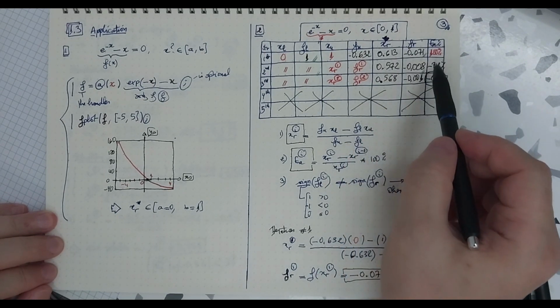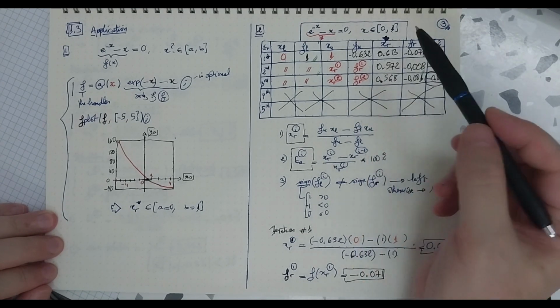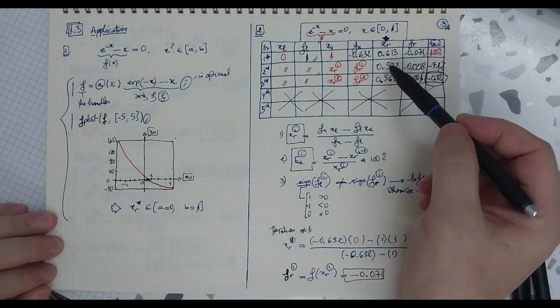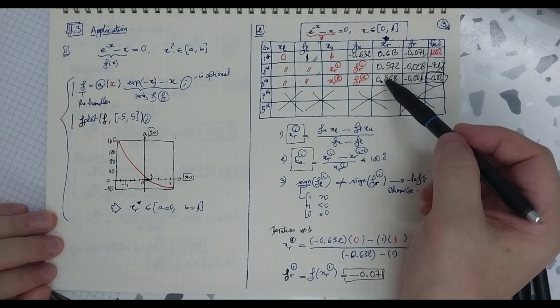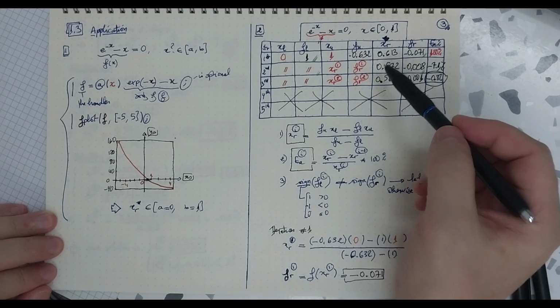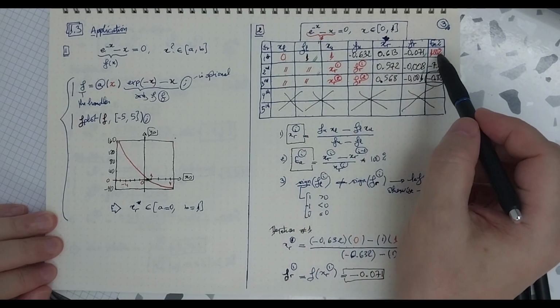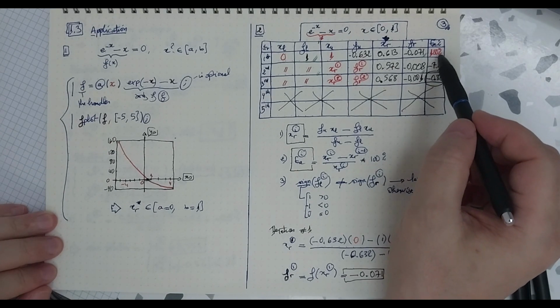And the last column is how to measure the progress of XR: always the current minus the previous over the current, times 100%. And the error at the first iteration is always 100%.